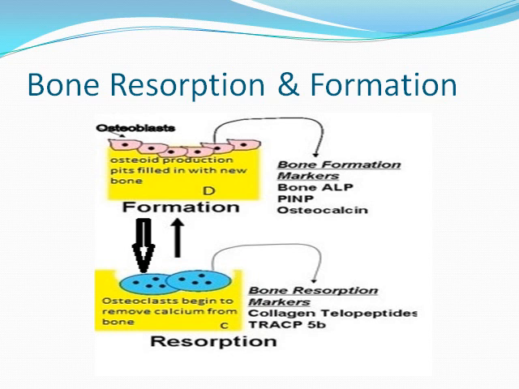Before we get started, I just want to briefly review bone resorption and bone formation. First, starting with bone resorption, since the bone cycle seems to start with bone resorption, shown on the bottom here. For some reason, osteoclasts begin to remove calcium from bone.